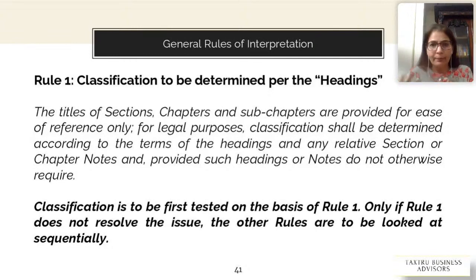And if there is no ambiguity, there is a clear-cut description of your particular good, then you have to resort to rule 1 only. That means classification is first tested on the basis of rule 1. Only if rule 1 fails, or does not resolve the issue, are the other rules to be looked at sequentially.